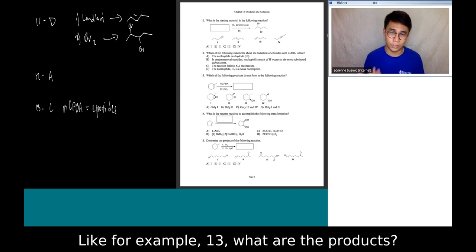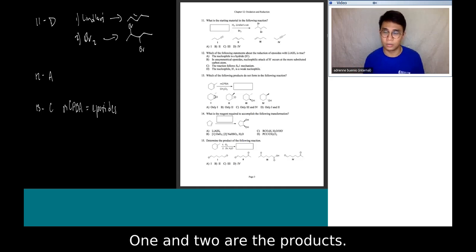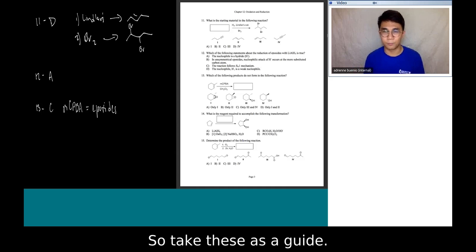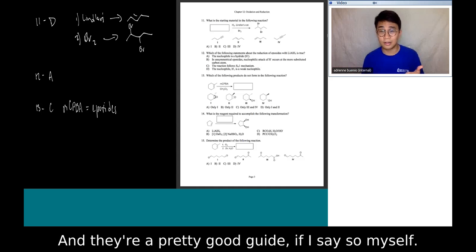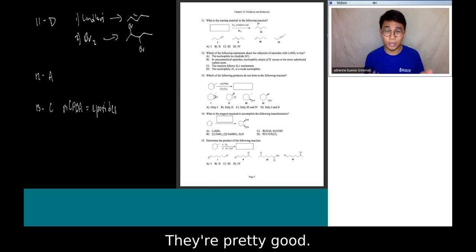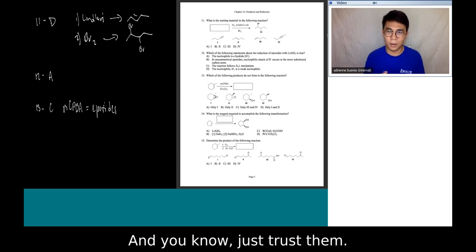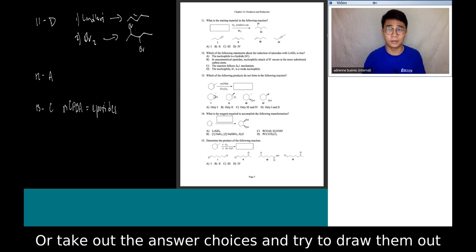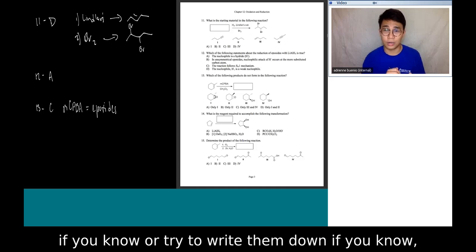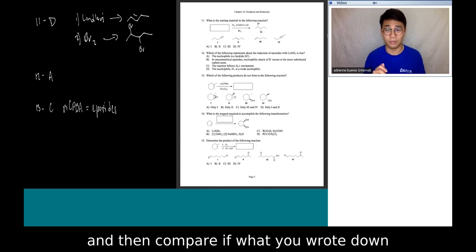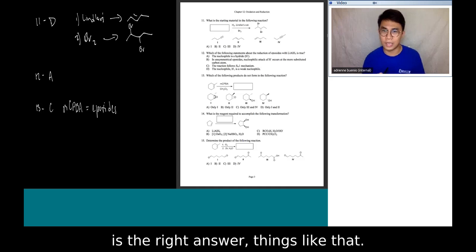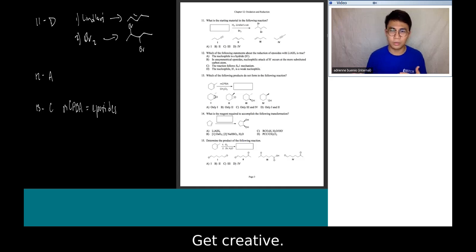Like for example, 13, what are the products? 1 and 2 are the products. So take these as a good guide, and they're pretty good guides, if I say so myself. Just twist them, or take out the answer choices and try to draw them out if you know, or try to write them down and then compare what you wrote down with the right answers. So get creative.